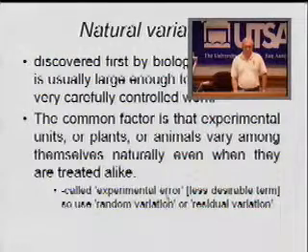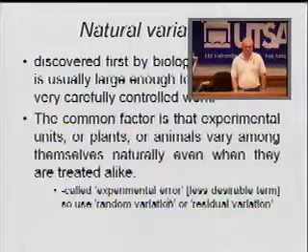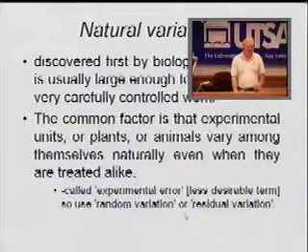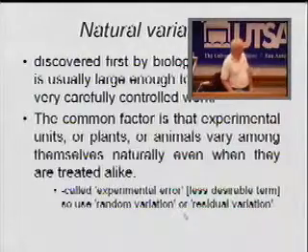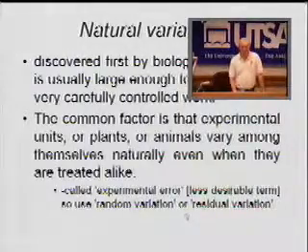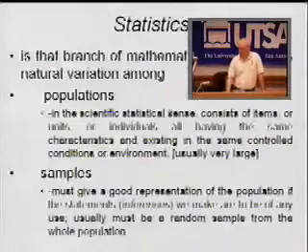So it's called experimental error, although that doesn't really sound so nice, but it's the real term for it. Random variation or residual variation are the terms that we'd prefer to hear applied to this type of variation.